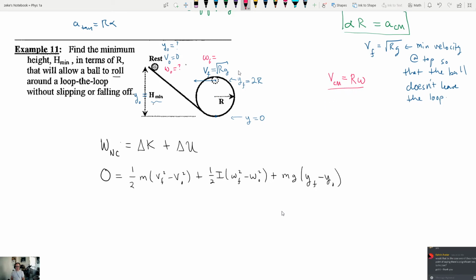That means that on my equation right here, for omega final, I could, if I want to, just write that since the ball has a velocity of its center of mass, that's going to be root rg, the final angular speed would also then just be that velocity divided by the radius. Because that's what the equation says, right? That's how they're related, and we derived this.